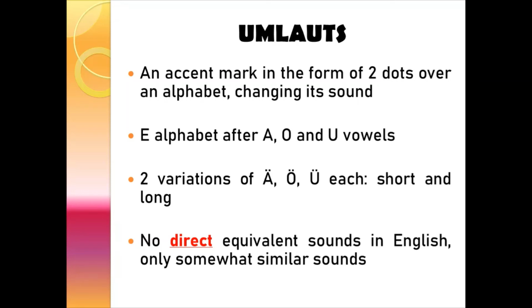O umlaut can have a short pronunciation and a long pronunciation. Similarly, U umlaut can have a short pronunciation and long pronunciation. Confusing? Well, don't worry, I will explain in detail with examples later on.